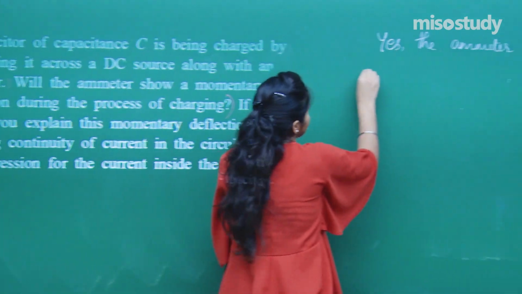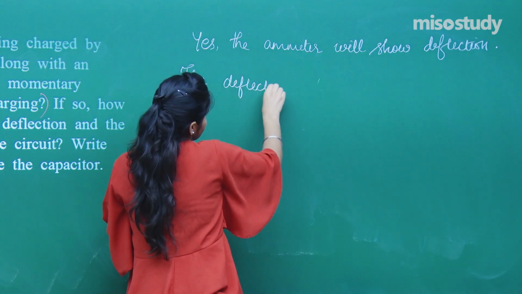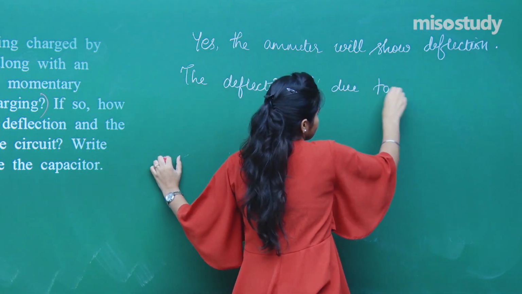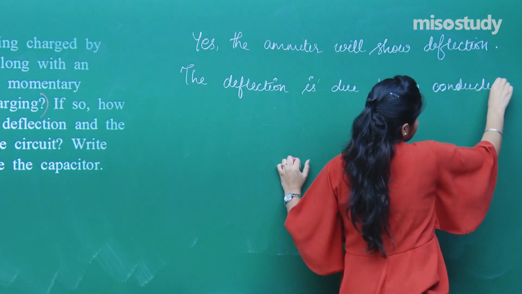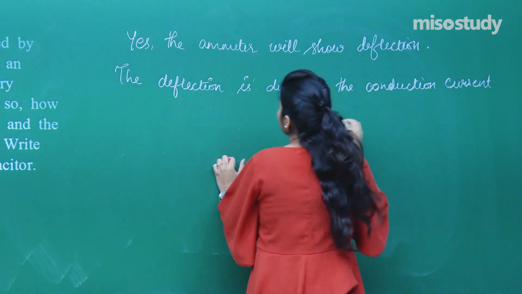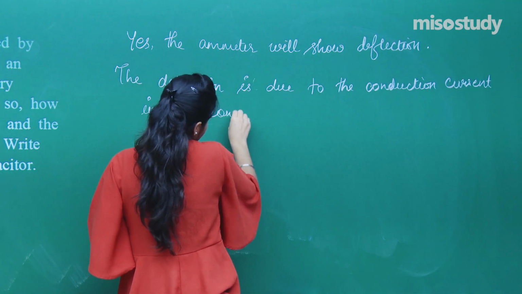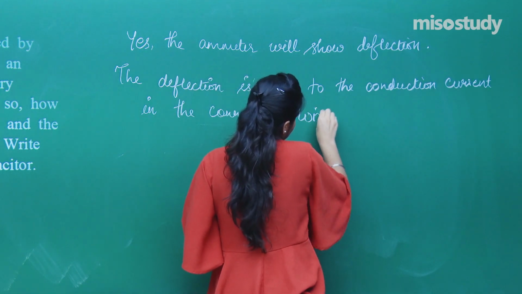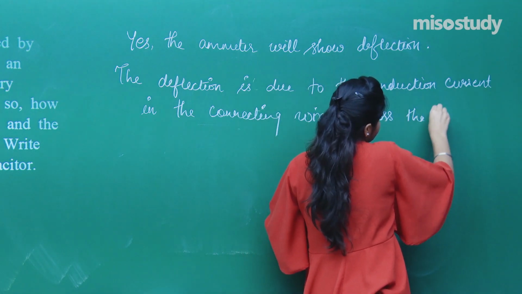So we can write the deflection is due to the conduction current in the connecting wires across the plates of capacitor.